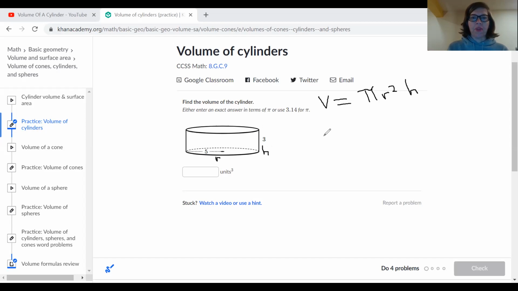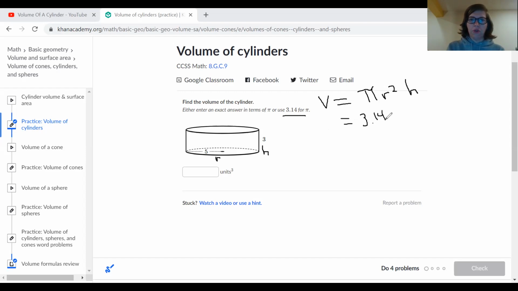Now that you have your formula and you have everything labeled, it's just a matter of substituting your numbers. I want you to go ahead and try that. Remember, it even tells you right here to use 3.14 for pi. So go ahead and write that down. That's going to be 3.14.